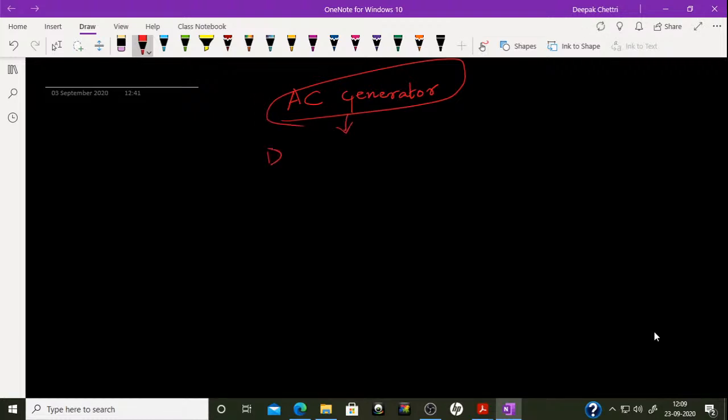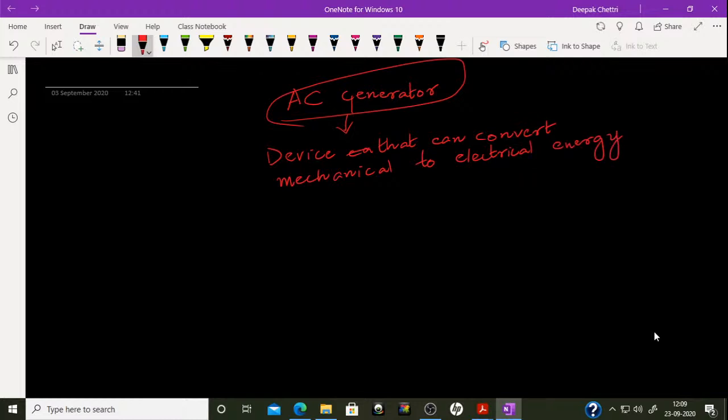It is a device that can convert mechanical energy to electrical energy. So an AC generator is a device that can convert mechanical energy to electrical energy. Is it clear so far?